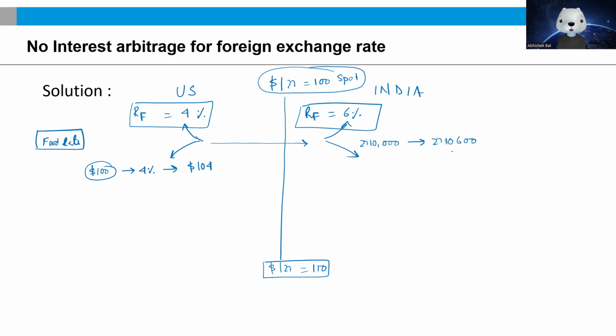Now, if you want to repatriate this back to the US, you will have to do that because you have to meet your loan obligation. That would mean you'll have to convert this at the then spot exchange rate prevailing in the market. And what did we say? We are imagining certain hypothetical scenarios. One of them being, what if it is 110 rupees per dollar? If it is so, that means I'll have to convert this 10,600 rupees first into dollars.